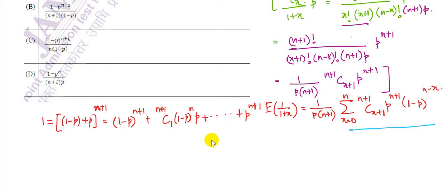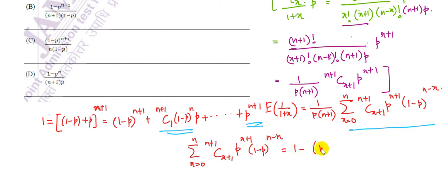So it starts off with this expression up to this expression. So that means this sum will be equal to: the sum of x equal to 0 to n of n plus 1 c x plus 1 p to the power x plus 1 into 1 minus p to the power n minus x becomes 1 minus p to the power n plus 1.